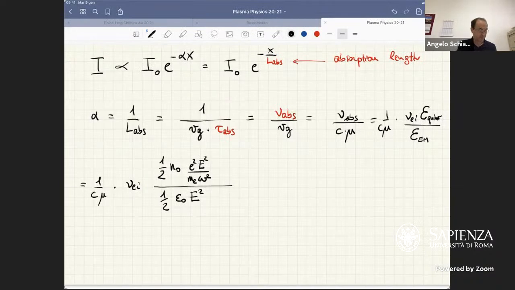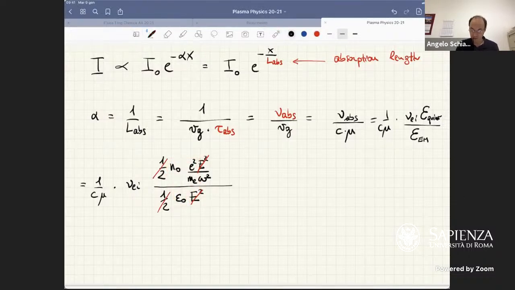Okay. Now, we can simplify what is the same factor. So 1/2 goes away. Electric field goes away as well. And then let's rewrite it, combining together these factors here, which are the plasma frequency.